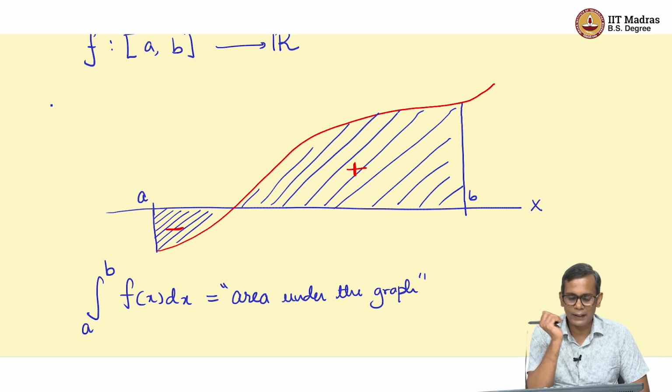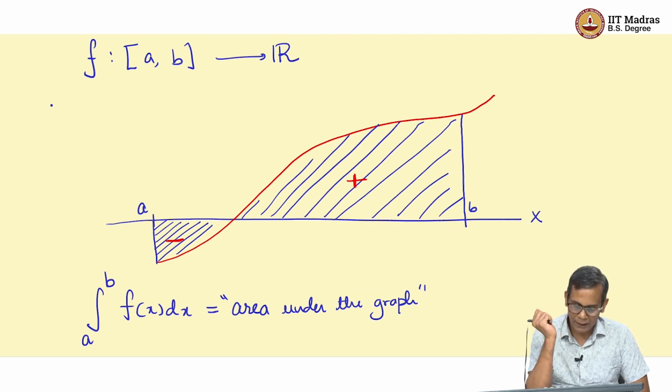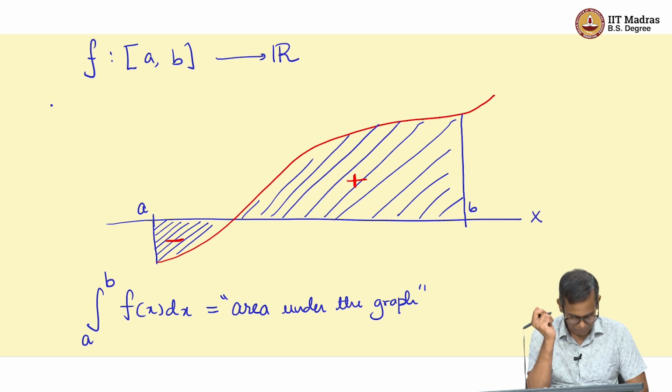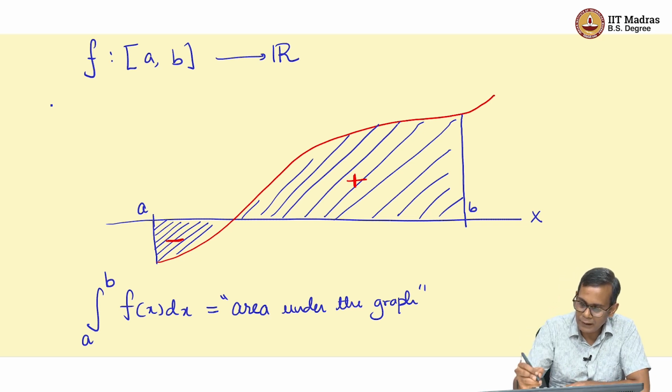Okay, so let's see if we can somehow approximate this area. Can we find lower bounds or upper bounds for this area? One thing that we could do is just find an upper bound for this area. Well, we could find a rectangle that gives an upper bound for this area. Just take this rectangle over here.